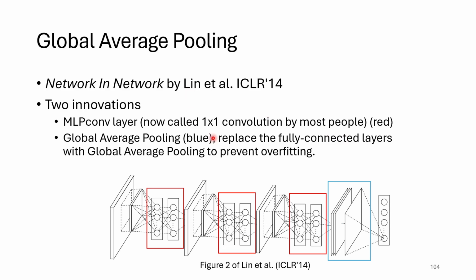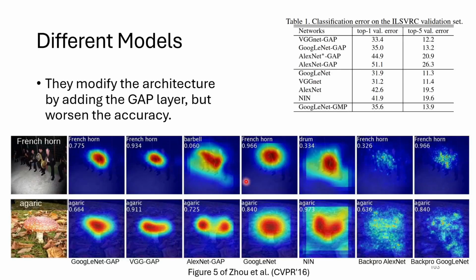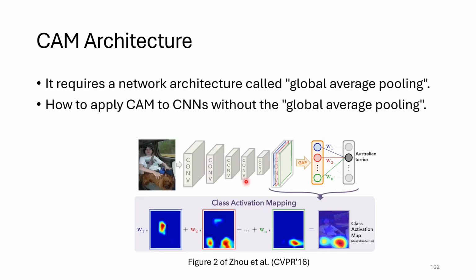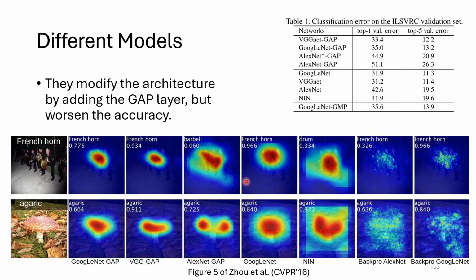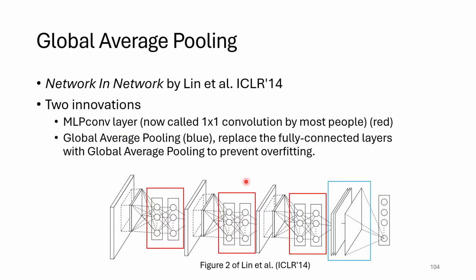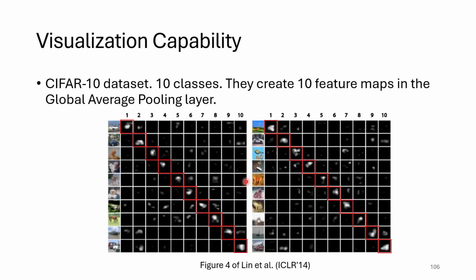And global average pooling was adopted by CAM. Until 2016, CAM had become an available tool to visualize networks. Even in the Network in Network paper, from this image, you can see they used the global average pooling layer to illustrate something like CAM.